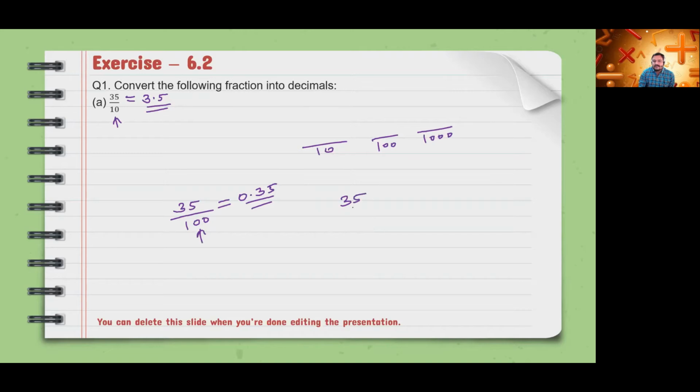If 1 zero is there, after the decimal point there will be 1 digit. If 2 zeros, 2 digits. If 3 zeros, 3 digits. Is it clear to everyone? Give the response in the chat box.